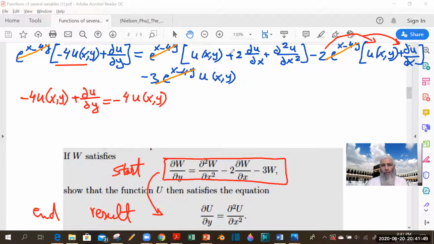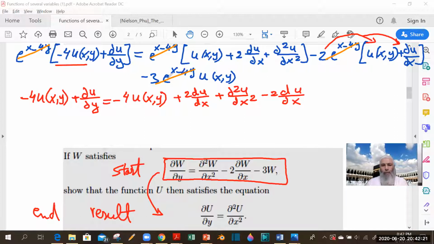Yes, plus now, 2. We have here 2 du dx. Yes. We keep it, yes? We continue using it. Okay. And this is d squared u over dx squared. This is minus 2 multiply this, which is du dx, right?